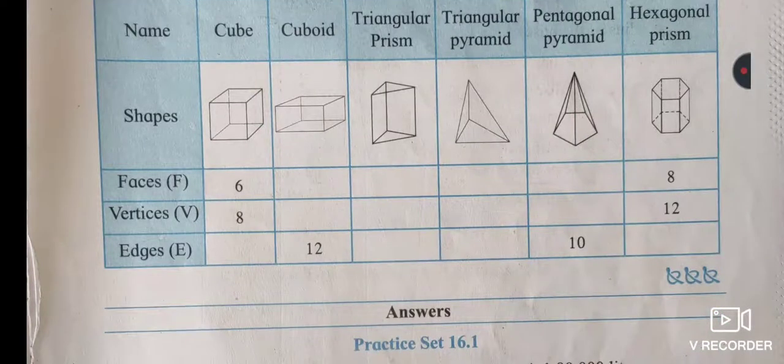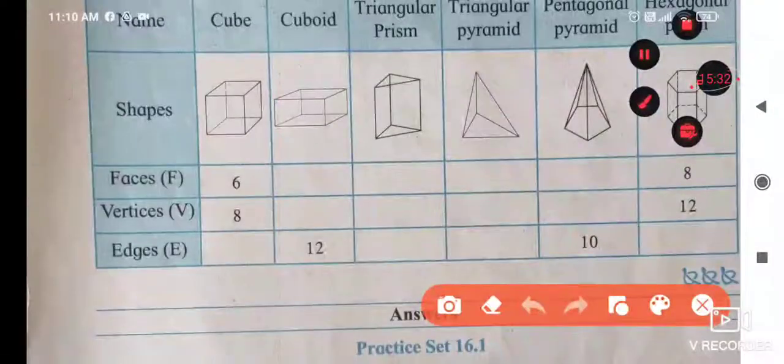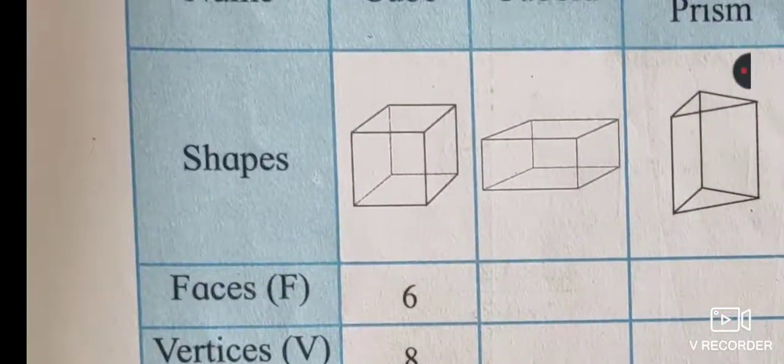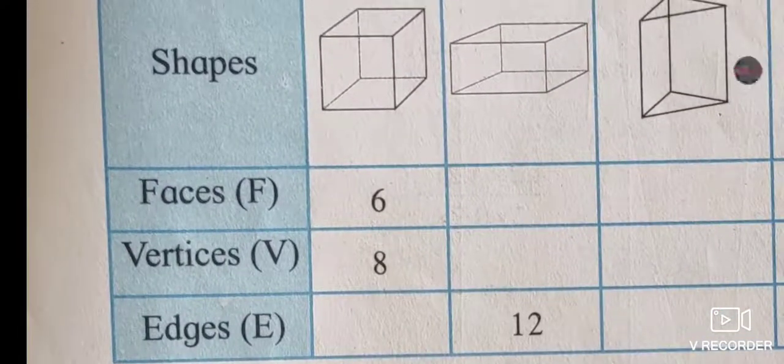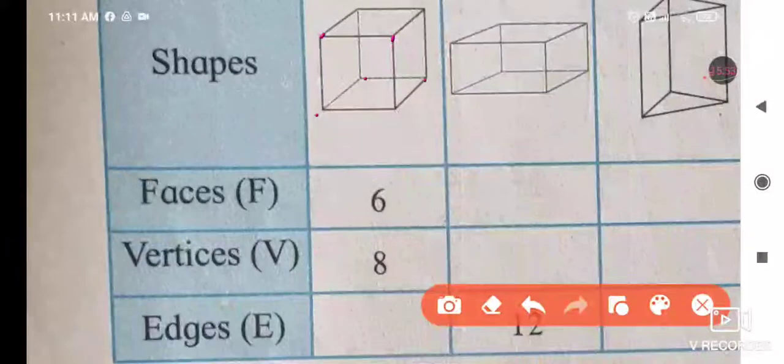Okay. So here, as we have to complete this table, how many does this cube have? You know that a cube has 6 faces. How many vertices are there? We will check. 1, 2, 3, 4, 5, 6, 7, 8.